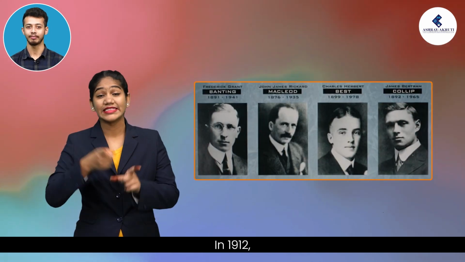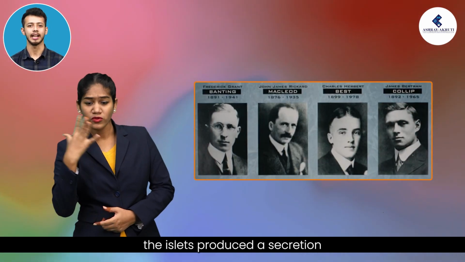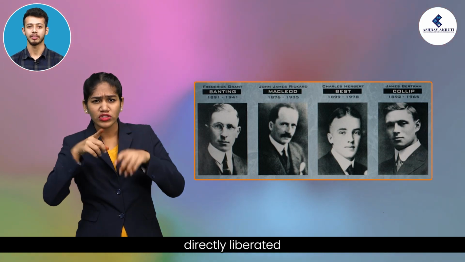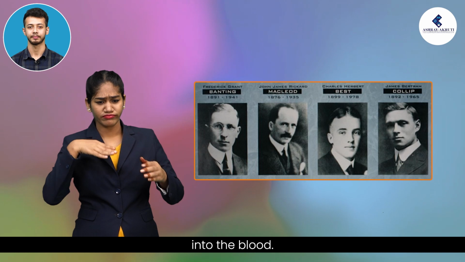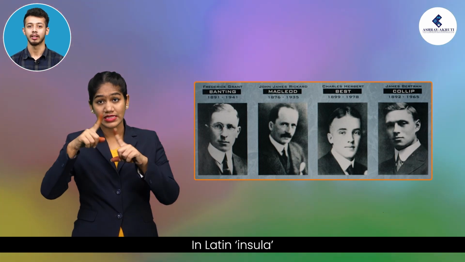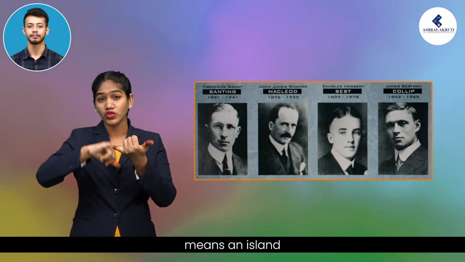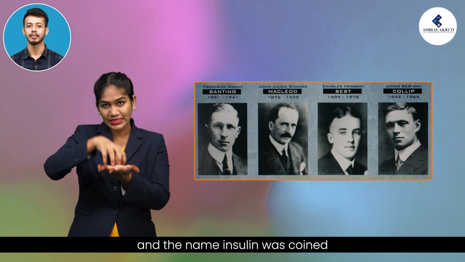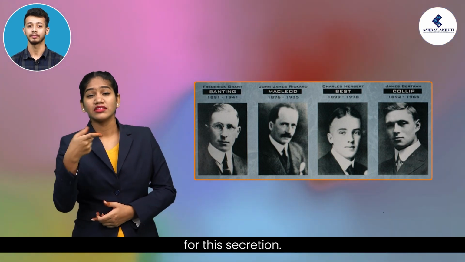In 1912, it was found that the islets produced a secretion directly liberated into the blood. In Latin, insula means an island, and the name insulin was coined for this secretion.